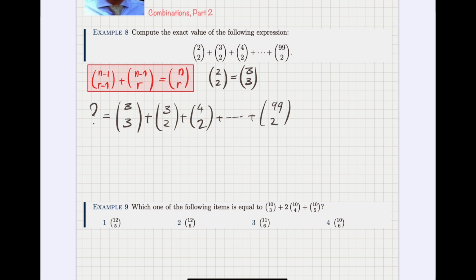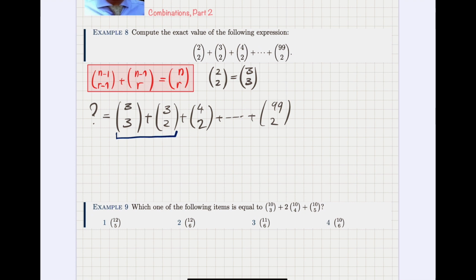But can you see the trick? Now do you see the Pascal identity? Yes, the Pascal identity appears for the first pair. These 2 numbers on top are equal, and these 2 numbers on the bottom differ exactly by 1. So I can combine these 2 into one choose number.